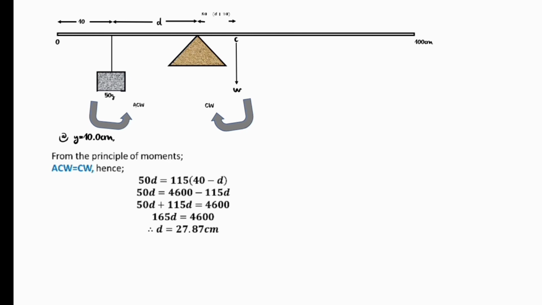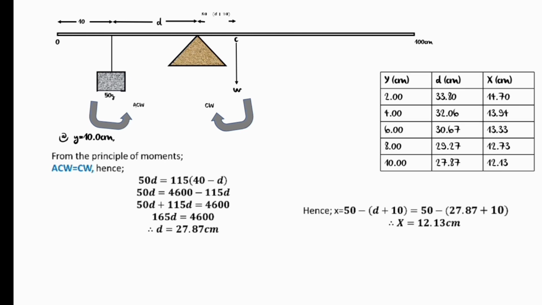So once we have that, we now go ahead to simplify the value of x and evaluate it. Evaluating the value of x, we'll find out that x is equal to 12.13 centimeters. And once we have that, we also tabulate it.